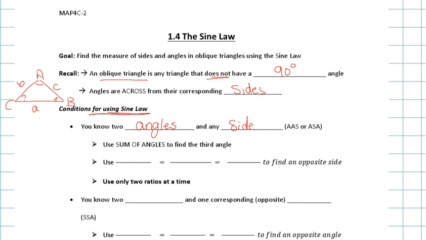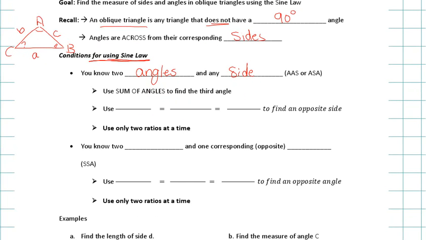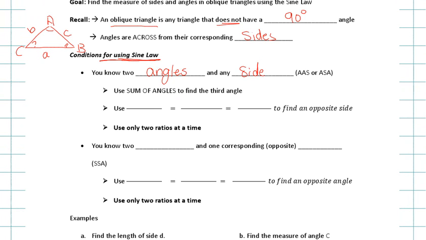And then to find one of the other sides, I'm looking for a side, the formula is the following. a over sine A equals b over sine B equals c over sine C. And this is used to find an opposite side. We're going to look at examples. It will make more sense when we look at examples.